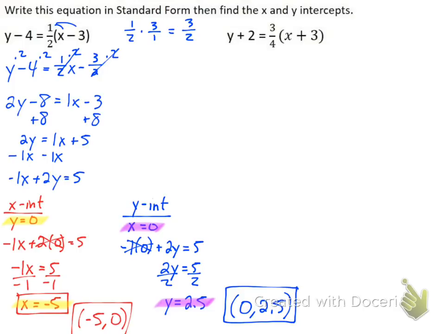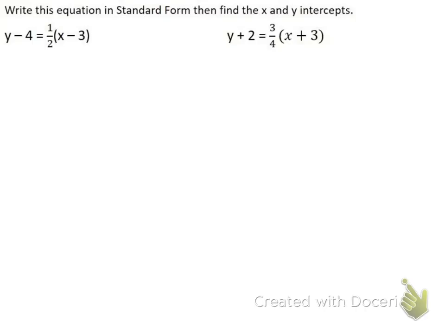Then I'm going to erase this, so if you haven't finished writing it down, pause the video. Then with the last one, again, same thing. Distribute that 3/4 into the parentheses, get y plus 2 is equal to 3/4 x plus, let's see, it's going to be 9/4. Again, 3 times 3 is 9, and then over top of 4 still. 4 is my denominator in both of these, so I'm going to multiply everything by 4.